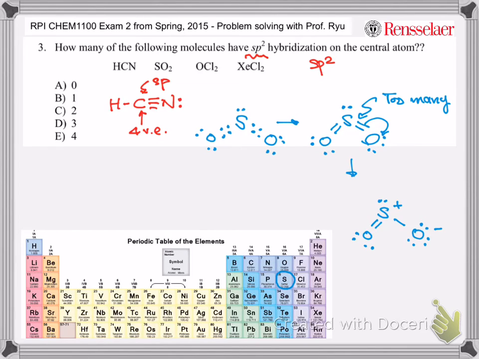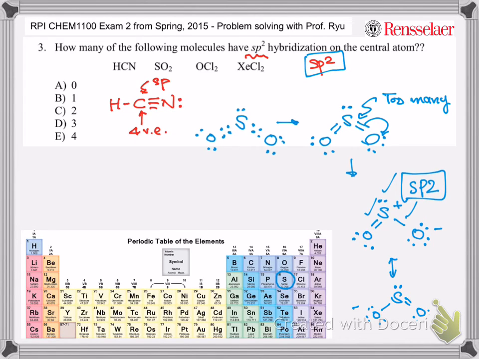That's one of the resonance structures they can have, and there's also another resonance structure. In this case, what you can see is there are 1, 2, 3, so 2 sigma bonds and 1 lone pair. That makes it sp2 hybridization, and that's what it is.